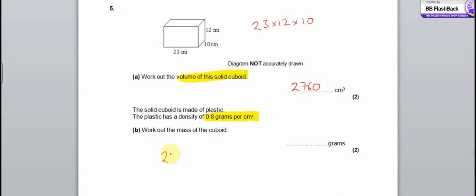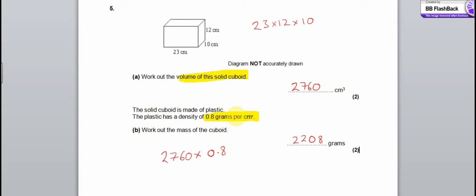So 2,760 lots of 0.8, and that gives us 2,208 grams. And it's always nice to sort of see if we think this is sensible.